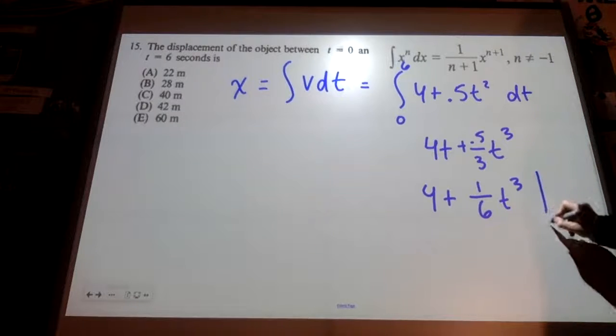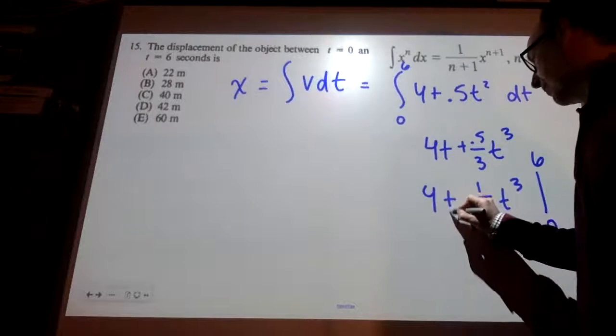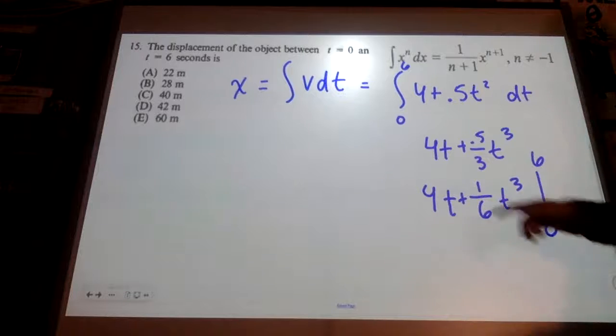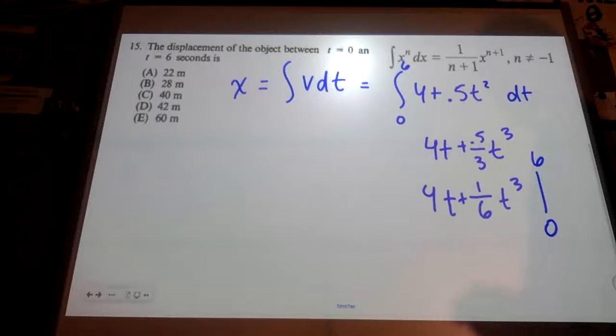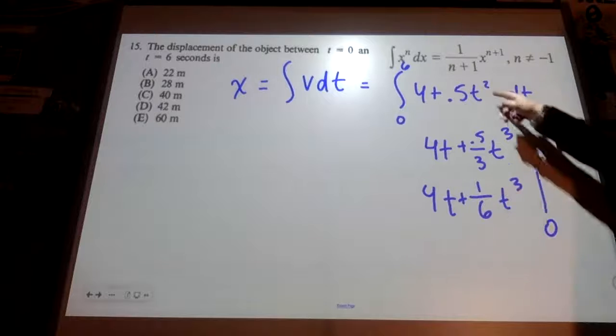And then to check this, I could take a derivative and make sure that I get the same thing. And so if I took the derivative of this with respect to t, my 4t would become 4. My pluses kind of look like t's, it's a little confusing. And the derivative of this would be t squared times 1/2.